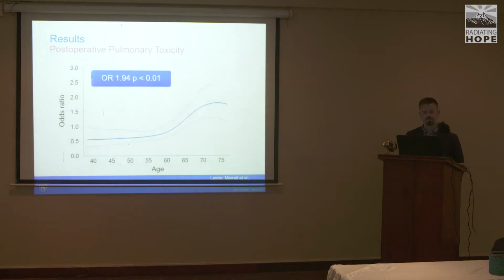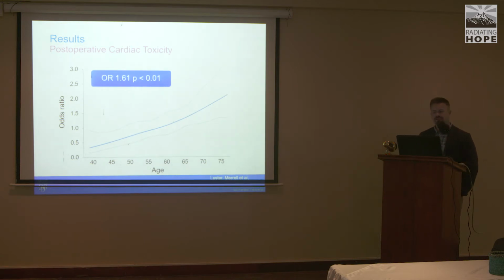If you look at post-operative complications, this is a spline curve with age on the lower axis and the odds ratio of post-operative pulmonary complication on the far side. You can see that as age increases, the potential of a pulmonary complication after chemoradiation related to surgery increases as well, with an odds ratio of approximately 2 per decade of life.